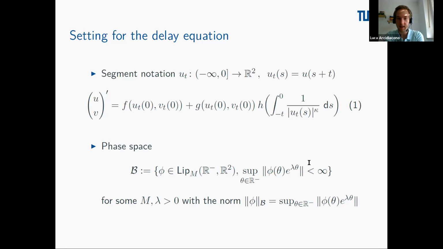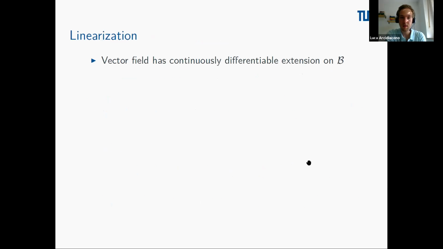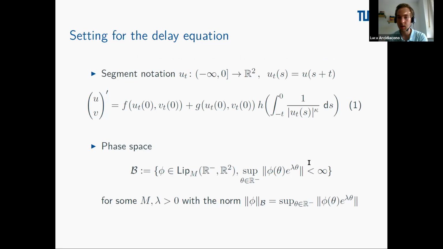So what does that help us? One can show that this vector field has some continuously differentiable extension onto all those functions where the u vanishes at some point, because a priori the right-hand side of this equation is only defined for all the segments where u is strictly bigger than 0.